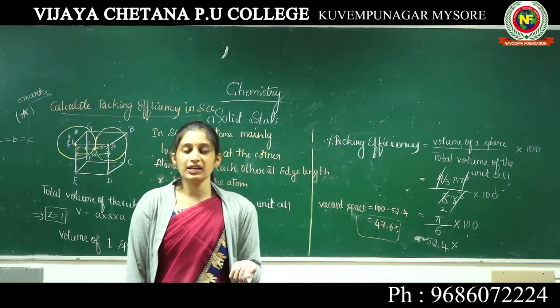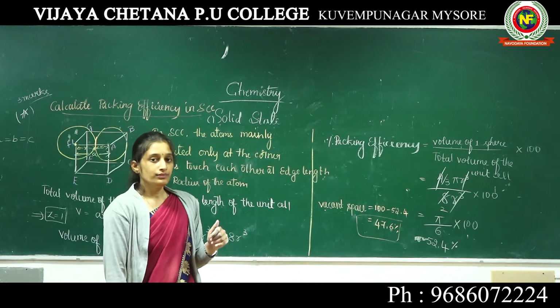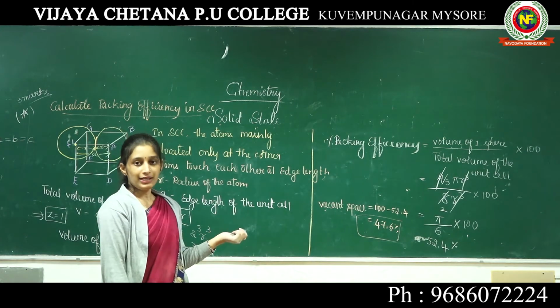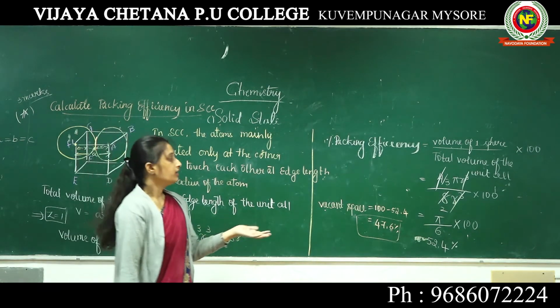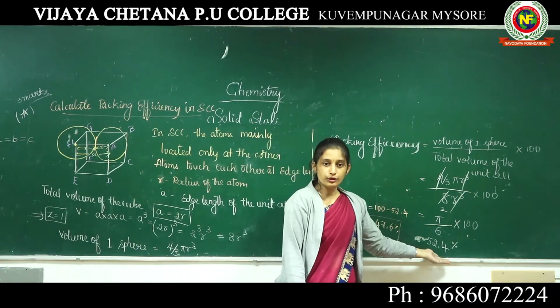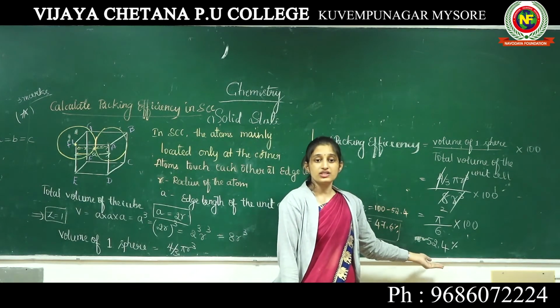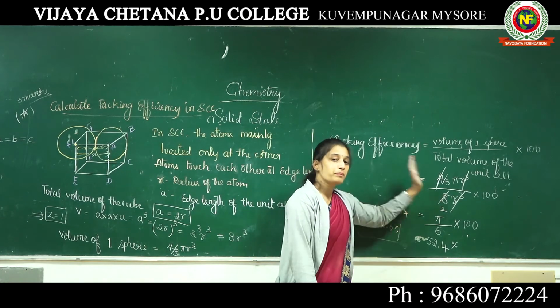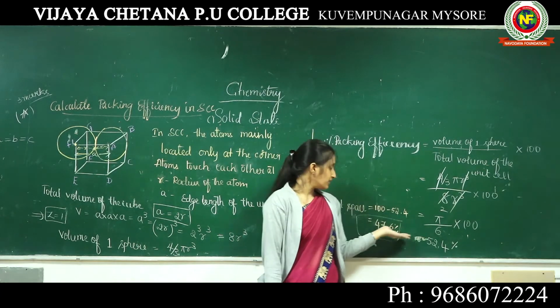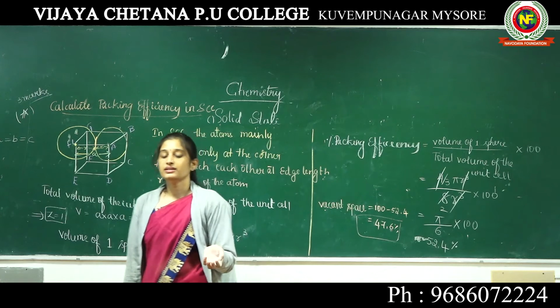One sphere is 4 by 3 pi r cube, total unit cell volume is 8 r cube. Multiply by 100. You just solve this, you will get 52.4%. It's the packing efficiency in SCC. The remaining is vacant, around 47.6%.